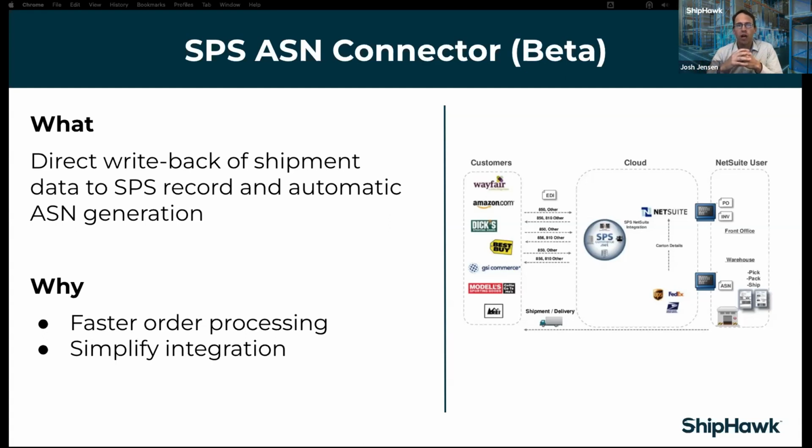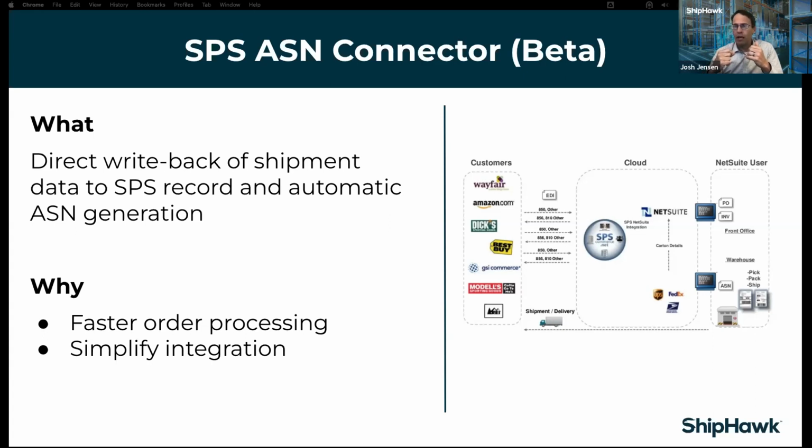But as the question had, some of the larger retailers that place orders with you use EDI platforms like SPS Commerce. That's the way they get notified, and they get these advanced shipment notifications. Hey, this order has been processed, it's on its way. ShipHawk has actually done an integration.